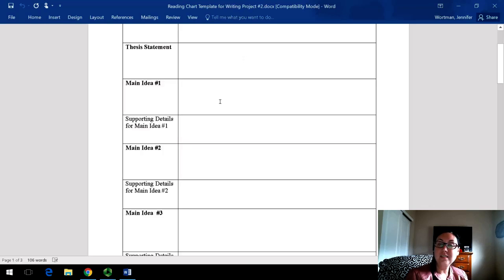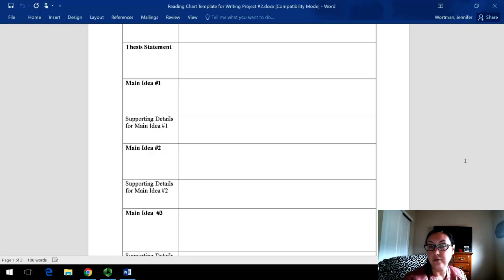When it comes to the thesis statement and each main idea, those must be written as complete sentences, first and foremost, because if it's not a complete sentence, then it's actually not a thesis statement, it's not a main idea. So must be complete sentences. They also must start with signal phrases, also called reporting phrases or lead-in phrases, where you're literally giving credit to the author.